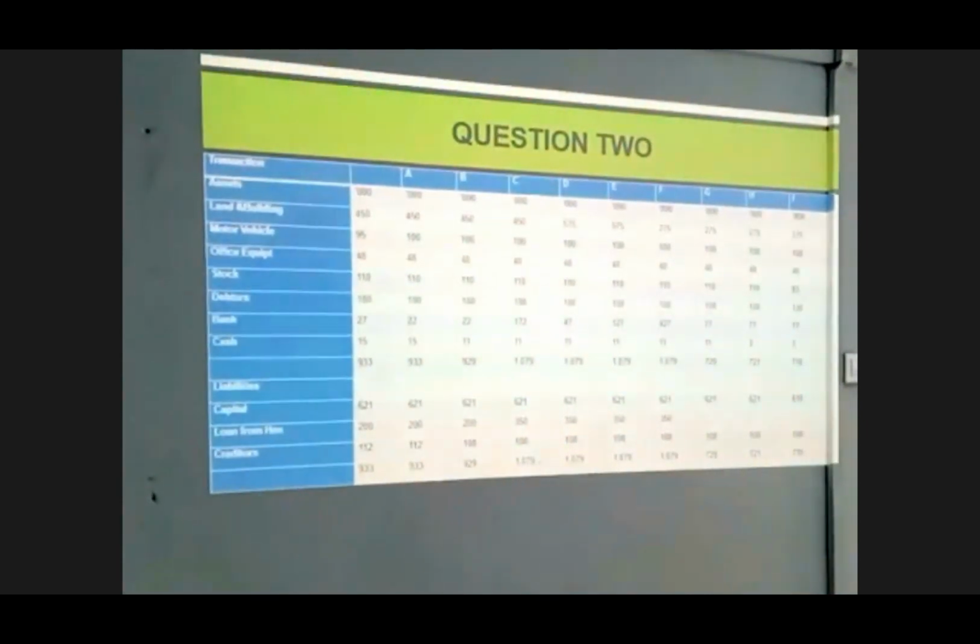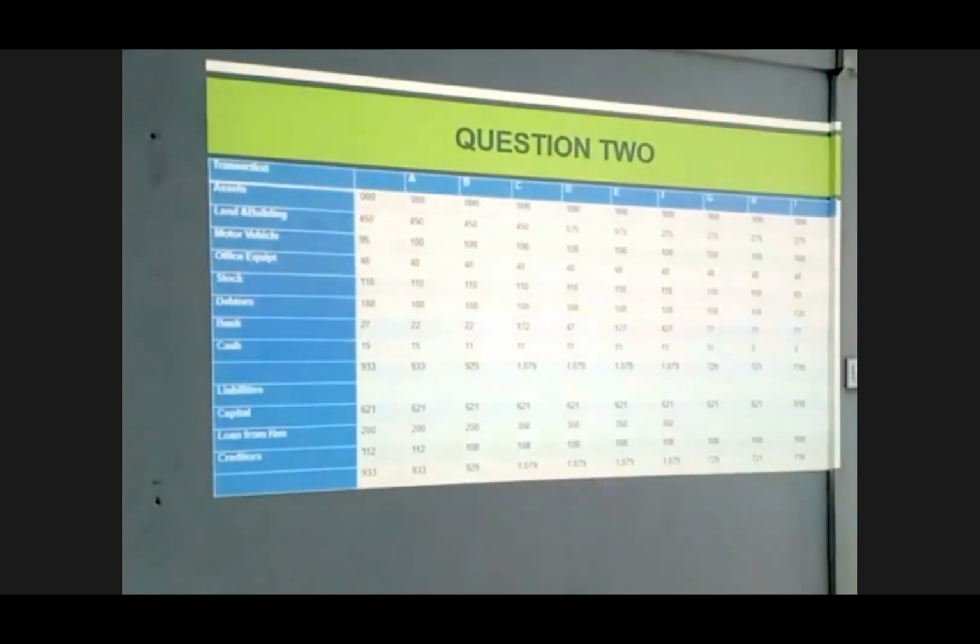So if you are the one, how are you going to write this? Paid by cash. Easy. First of all, the language is different. So we have paid our suppliers or creditors 4,000 Ghana cedis by cash.